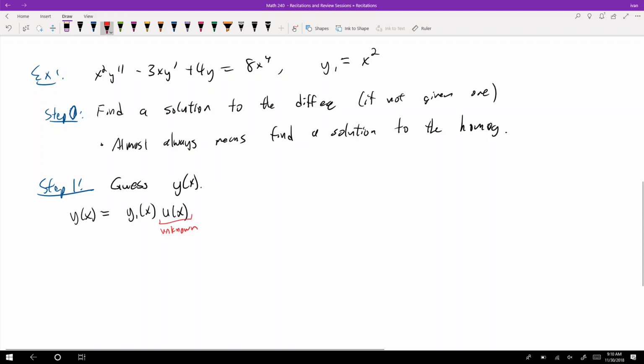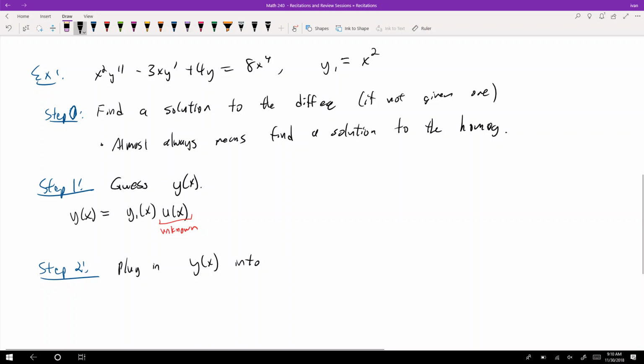So u of x is this big unknown to this problem. Okay, so step 2.